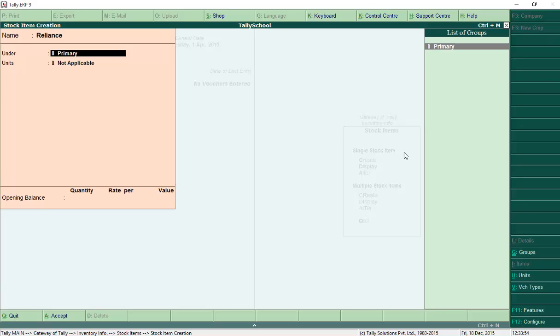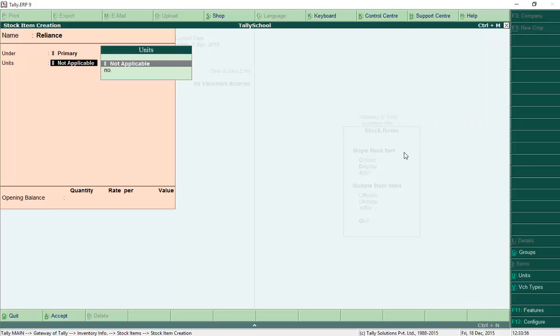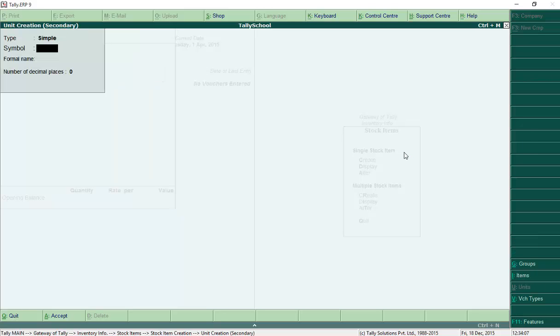Under primary, units, you can create units and I'll show you how right now. Just press Alt+C when you are exactly on this tab, and this small menu will appear. In symbol you have to type the name of the unit.